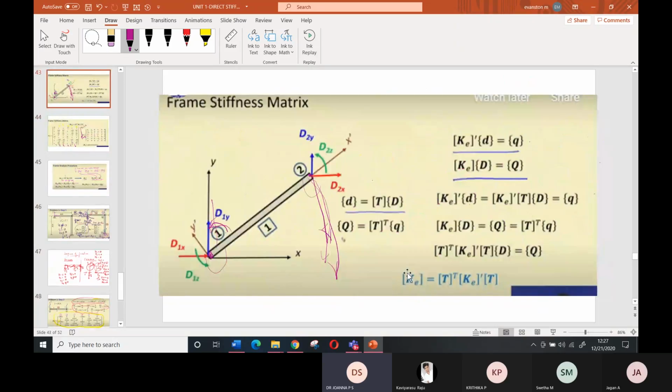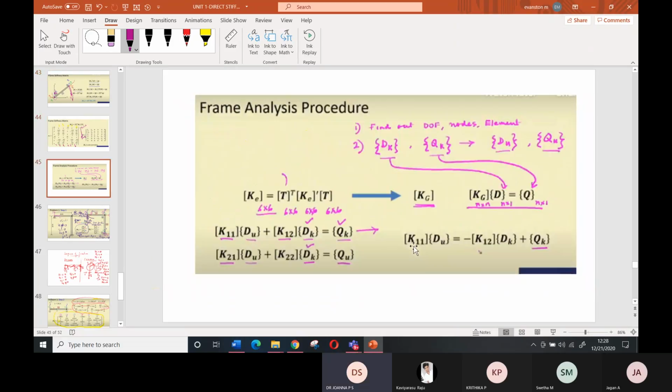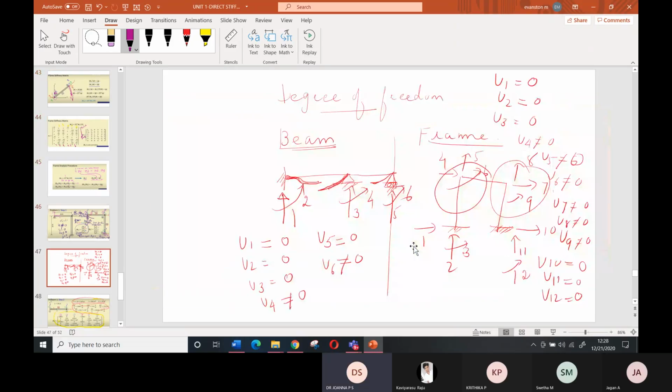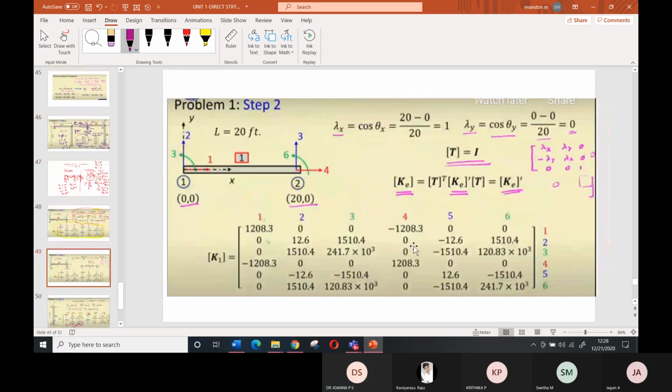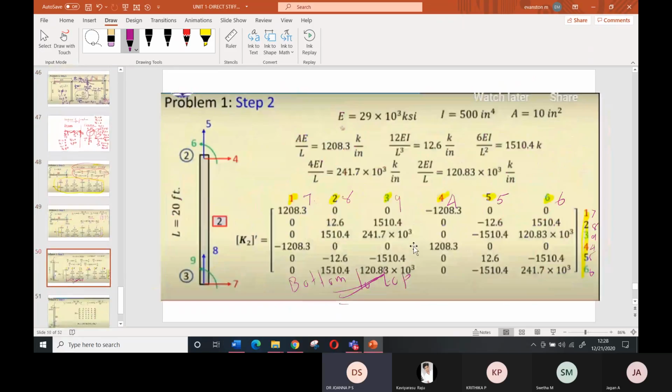If it is K, then you make it T transpose K T. That's the meaning. So this one you have finished.